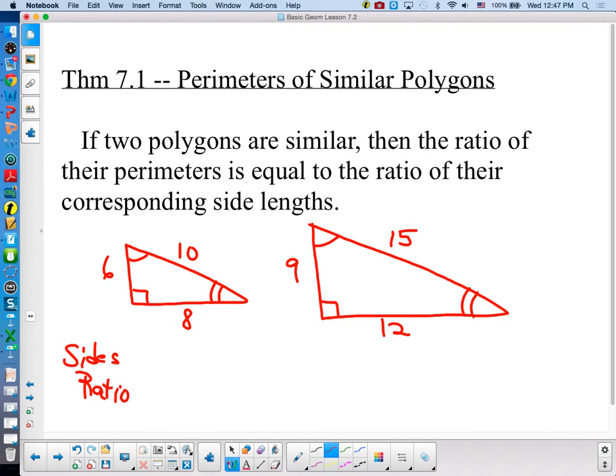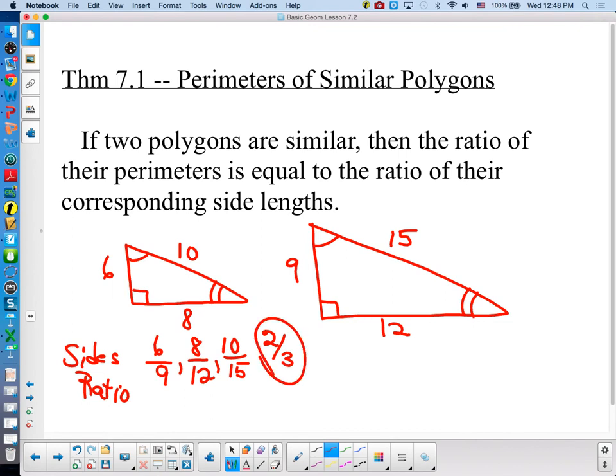I take a side from the first one, 6, compared to 9, or 8 compared to 12, or 10 compared to 15. What do those all reduce to be? Not 1/3. 2/3? Okay, so the sides are in the ratio 2 to 3.